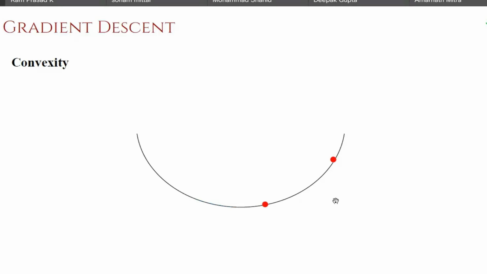Take another random pair, connect a straight line between them. It will not intersect the curve. For any pair of points that you take on this curve, if the straight line connecting them doesn't intersect and come out through the curve, then we call this curve a convex curve. That is how we define the property.